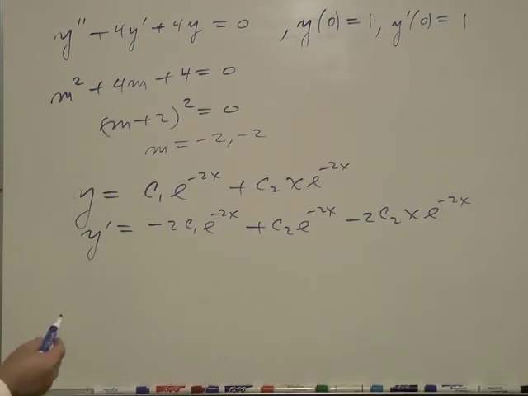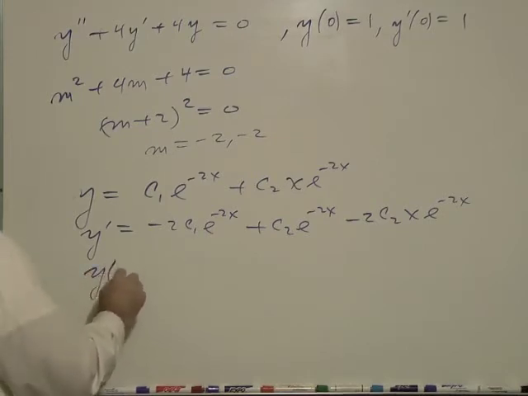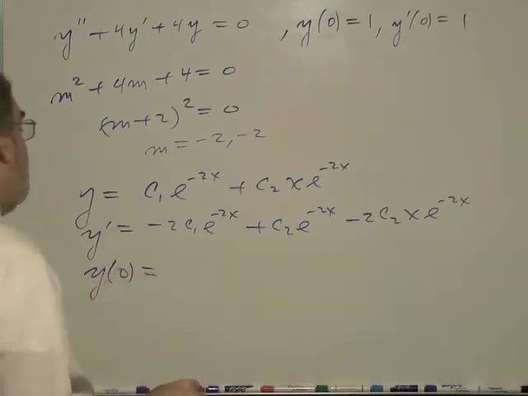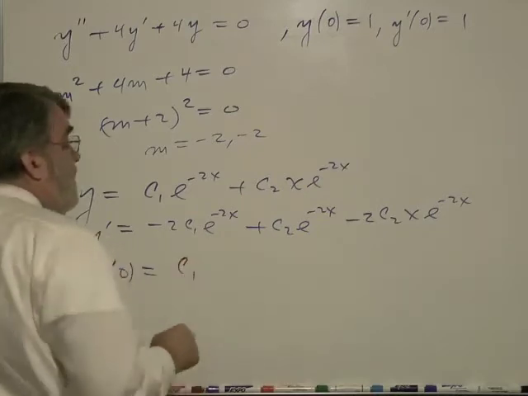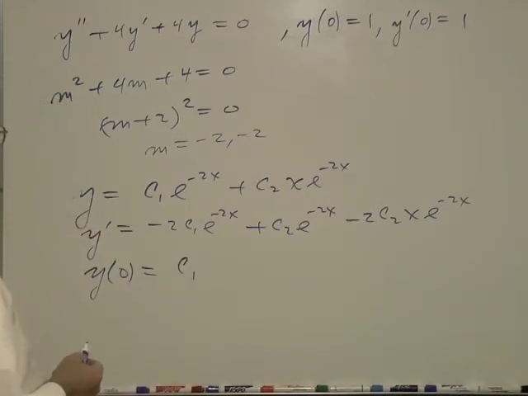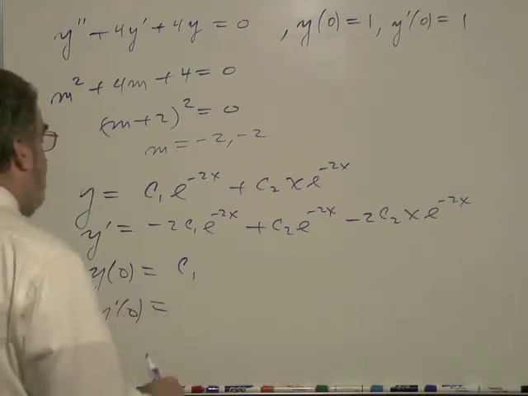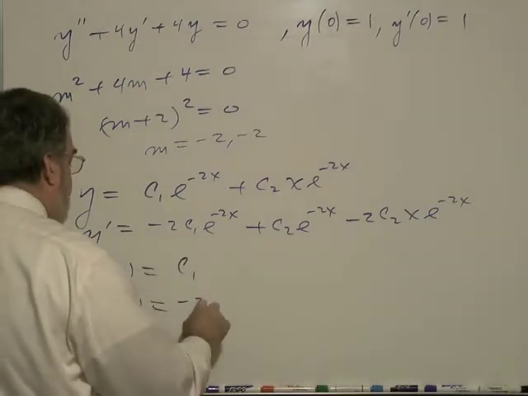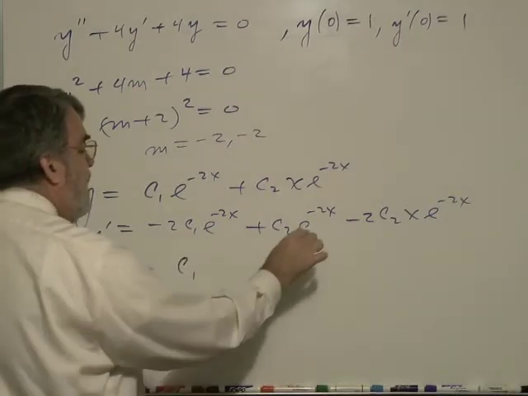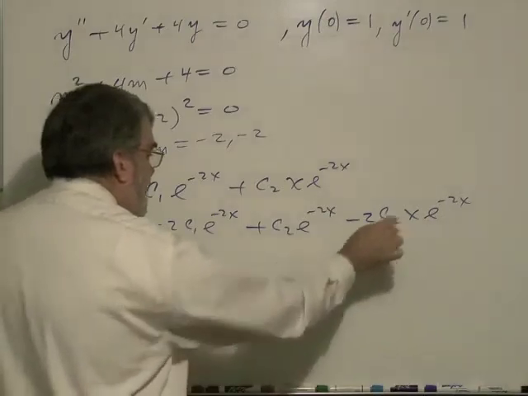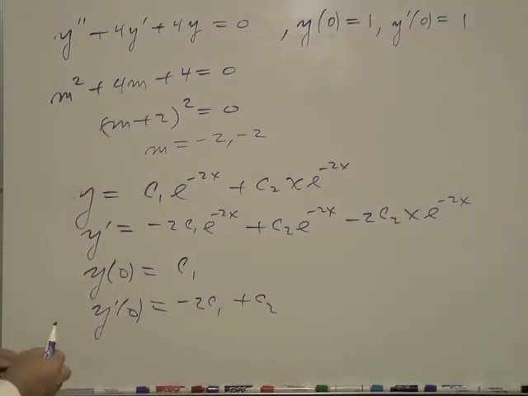Okay, so y at 0 is going to be c1. Great. And y prime at 0 is going to be negative 2c1 plus c2 plus 0, or minus 0.